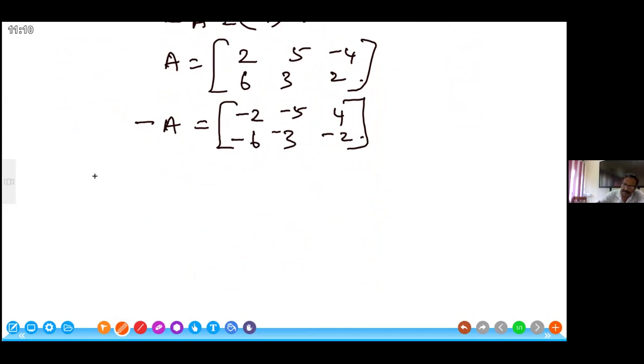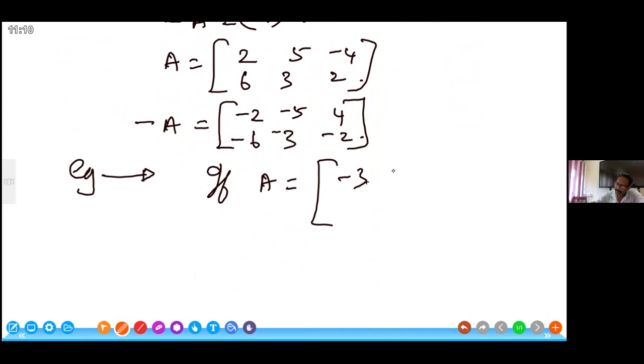Right. Another example. If I have a matrix A: minus 3, 9, 4, 5, 2, 1, 6, 8, 3. This is a 3 into 3 square matrix.